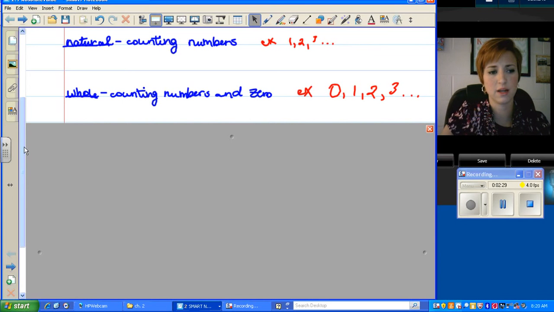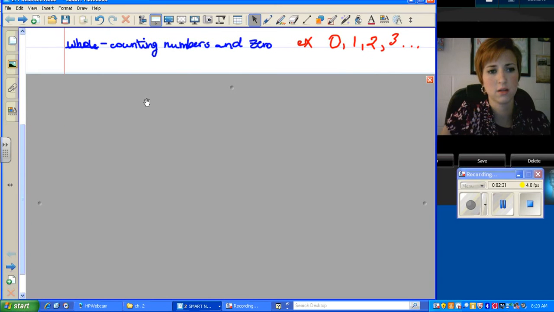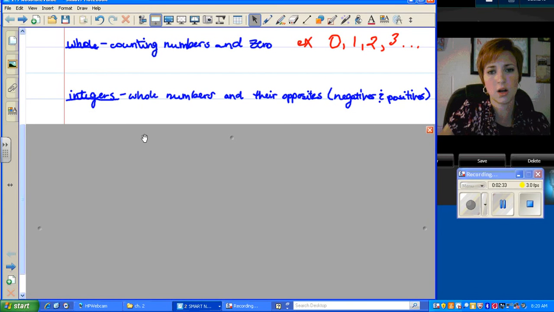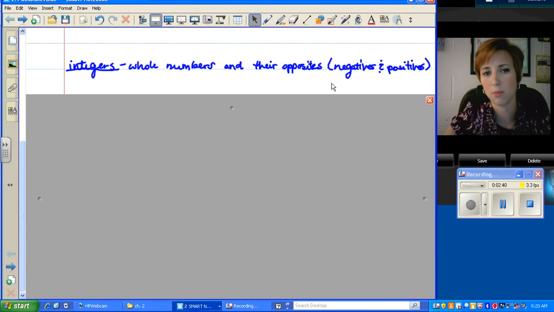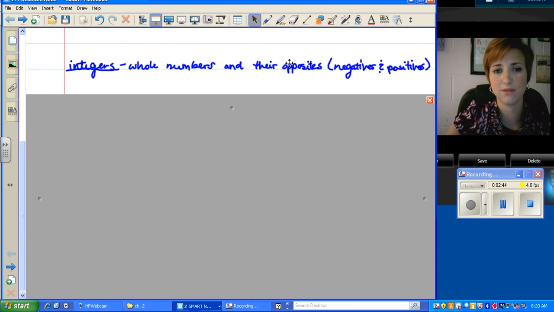And now our integers are next. Integers are whole numbers and their opposites, which means we're going to have negatives now, so positive and negative numbers.